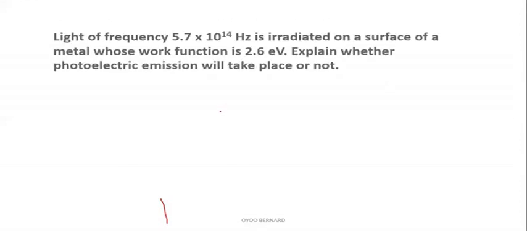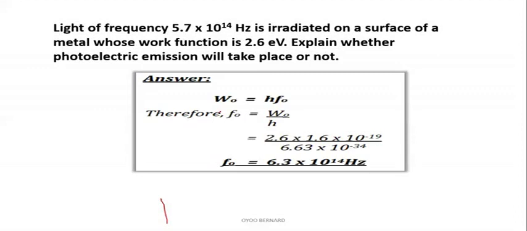Okay, there it is. The work function is h f naught, and we're looking for f naught. So we make f naught the subject of the formula, which will be the work function over h. The value of the work function is given as 2.6 electron volts.